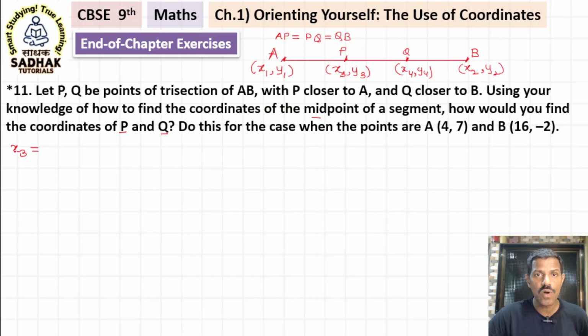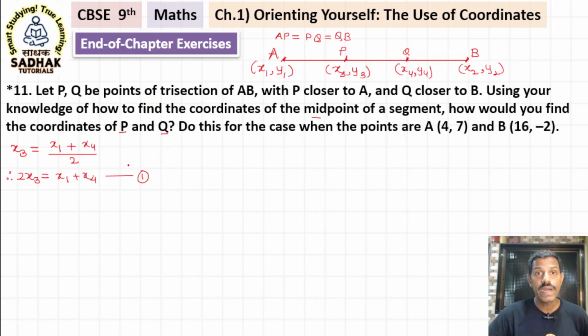So the x coordinate of P will be the average of the x coordinates of A and Q. So that will be x1 plus x4, and because we are finding the average, we have to divide by 2. From this, when we take this 2 to the left hand side, we will get 2x3 is equal to x1 plus x4. I hope you agree. Let us say this is our equation 1.